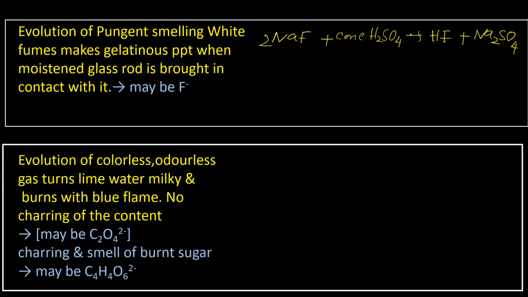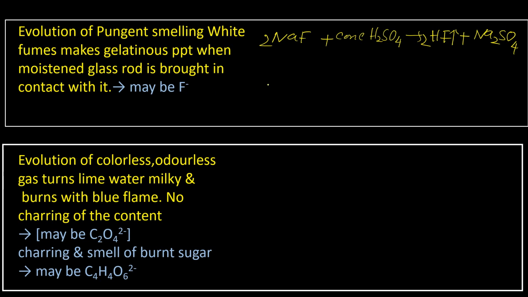Here I will make 2 NaF, and here 2 HF. This is the white fumes. HF, hydrogen fluoride, is a fuming acid, a fuming gas. Now this hydrogen fluoride condenses in contact with the moisture in the air and is deposited as water droplets at the walls of the test tube.